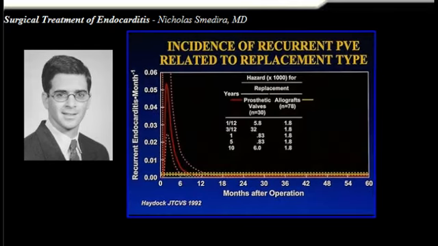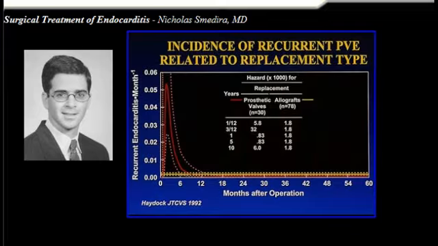What about if you have endocarditis on a prosthetic valve and you go and you replace it? What is your chance of getting recurrent endocarditis related to replacement type? And this is from Haydak's series, which was primarily or all aortic valve operations, where they used allografts, a mixture of roots and subcoronaries, versus prosthetic valves, small numbers here.